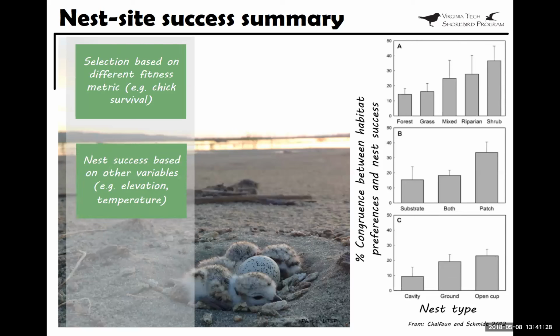Second, nest success could be related to other habitat variables that we didn't measure, such as elevation or temperature. Or plovers could be using historical settlement cues that are decoupled from historical outcomes. So if plovers are selecting sites primarily for predator avoidance, which is typically the main threat to plover nest success, but they're facing the biggest threats from flooding, then we have a mismatch between nest site selection and nest success.